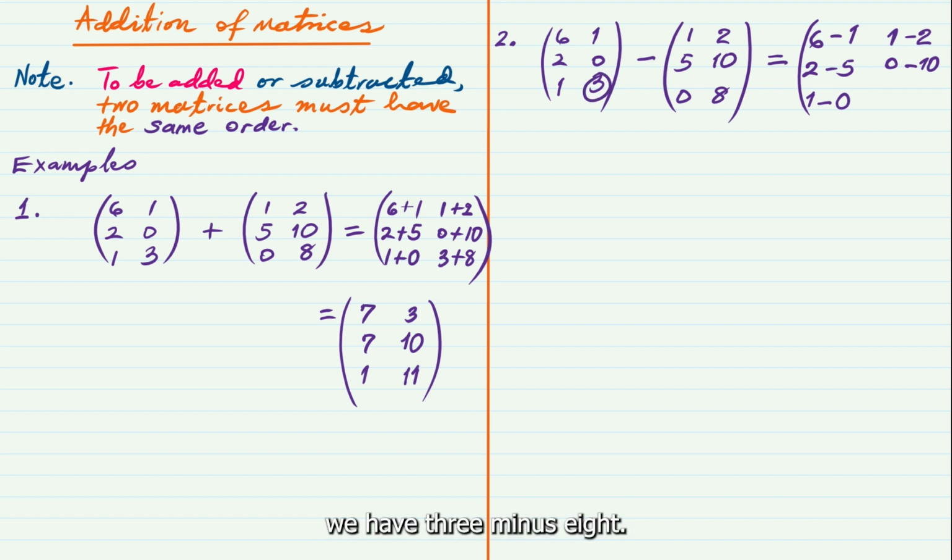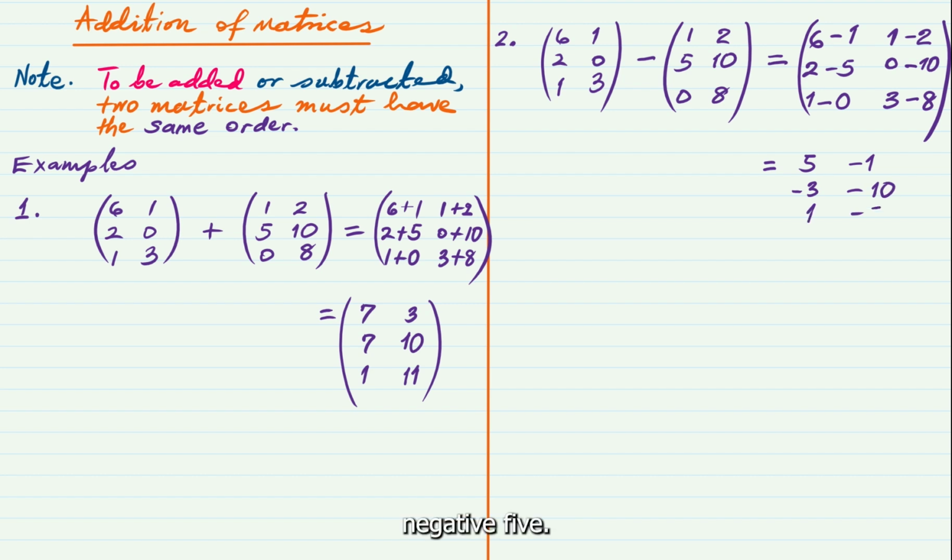You have 3 minus 8. All I've done is to choose the elements that are in the same positions. We simplify that to get 5, negative 1, negative 3, negative 10, 1, negative 5.